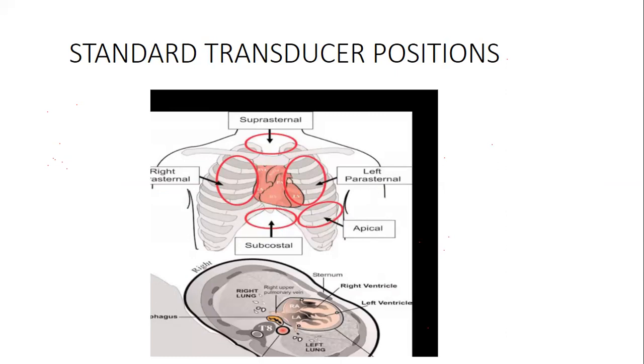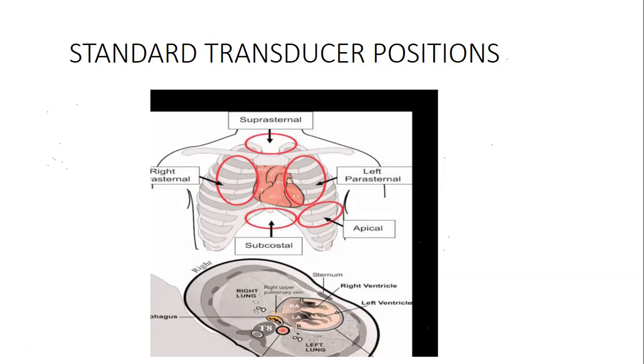Yes, we are here. Okay, so there are 4 to 5 positions where you can put your transducer. The first and most important view or transducer position is the left parasternal window. Why is it parasternal?